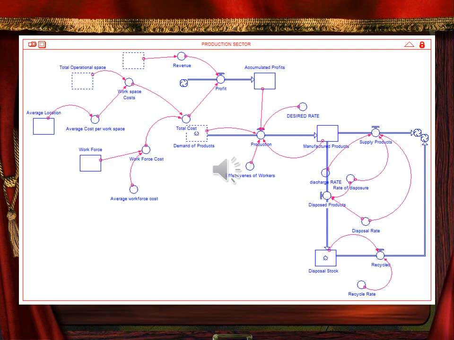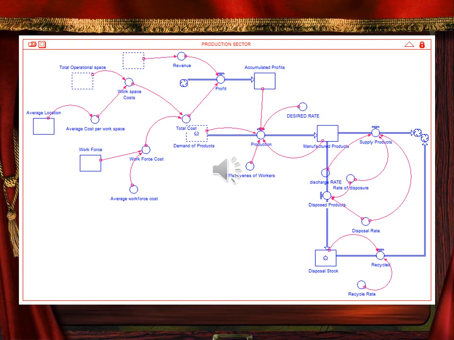And of course, under this, the main inflow to the main stock is production, and production is affected by various factors, as we have already seen, for example, total cost, demand for products, effectiveness of workers, and the desired production rate or the desired production gap, which depends heavily on the supply.